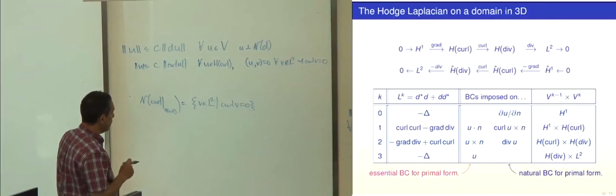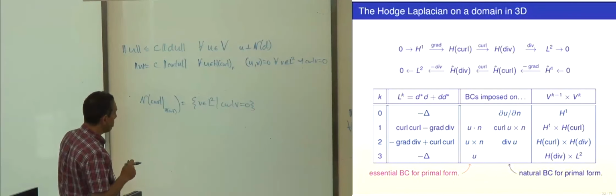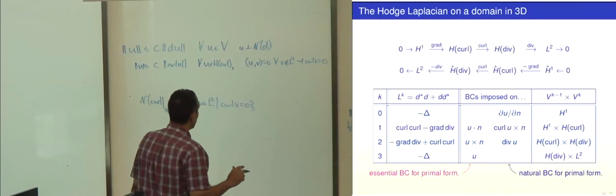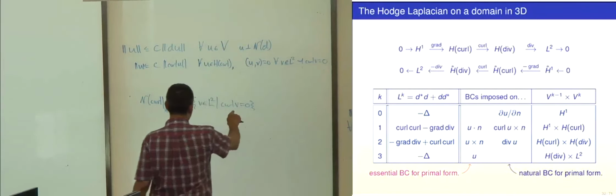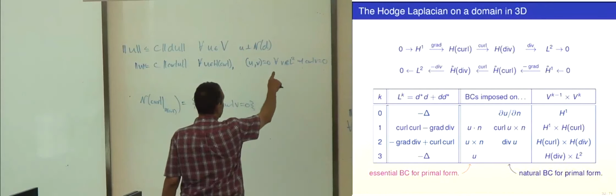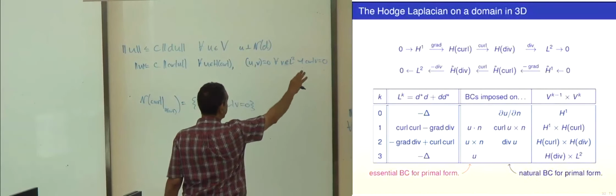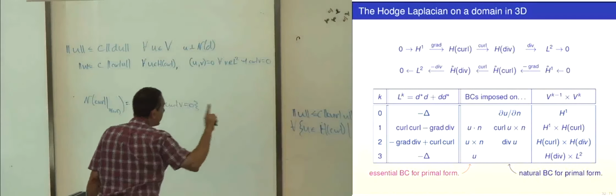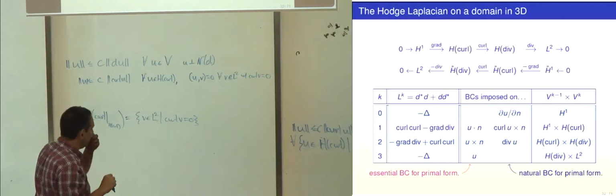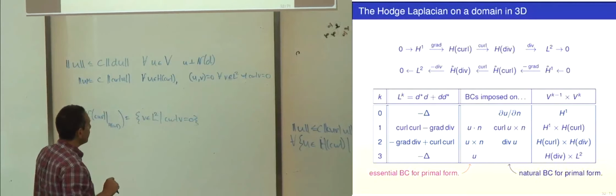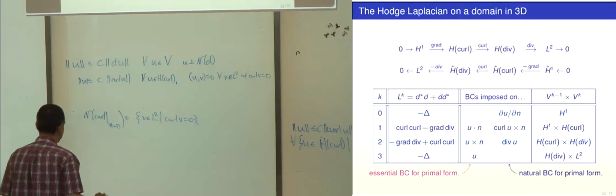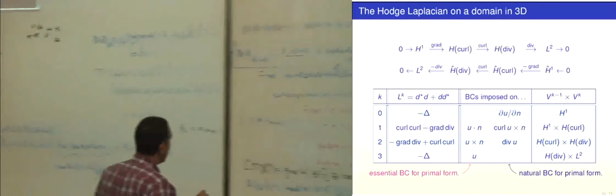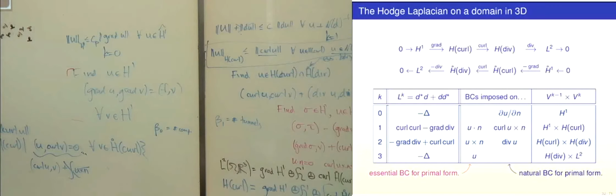Okay, now I know where I made my mistake. So now we need to, what's the best way for me to fix this up? Right. We need to use the Hodge decomposition. So I'm trying to characterize, but did I write it wrong here?